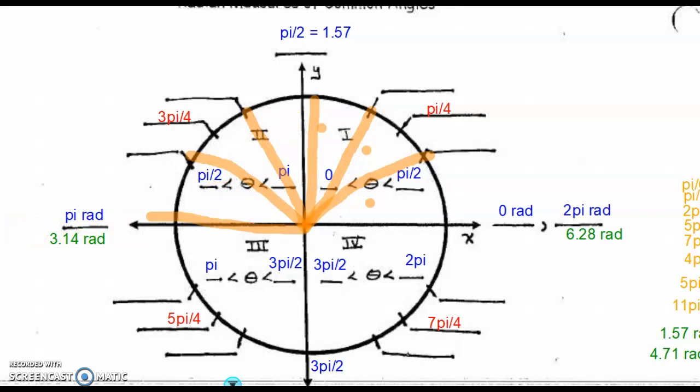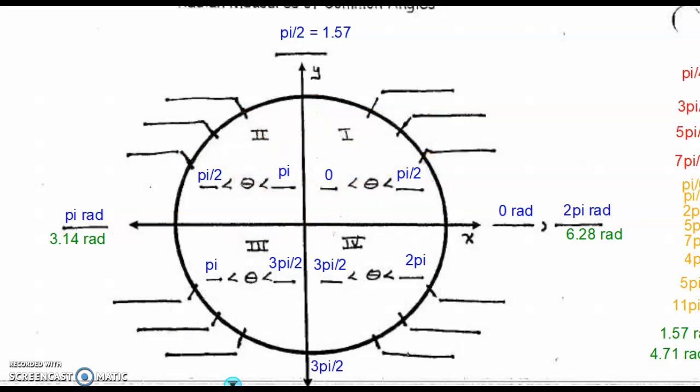Therefore, if we divide that up, okay. So when I take pi and cut it into 6 parts, guess what? I'm counting by pi over 6. So this is 1 pi over 6, 2 pi over 6 reduces to pi over 3, 3 pi over 6, 4 pi over 6, 5 pi over 6, and this is 6 pi over 6.